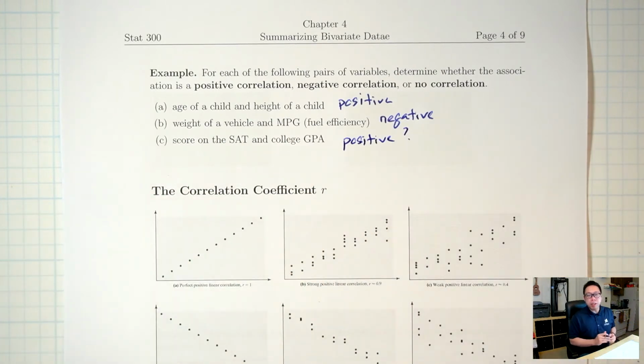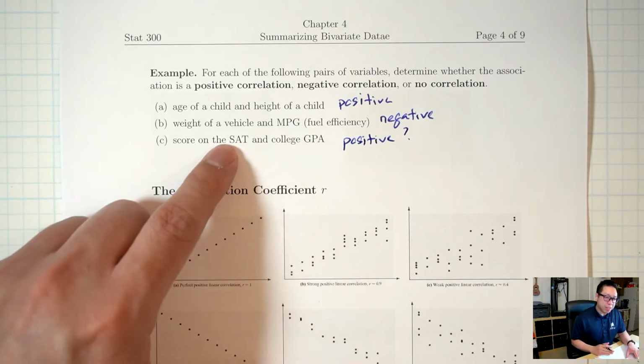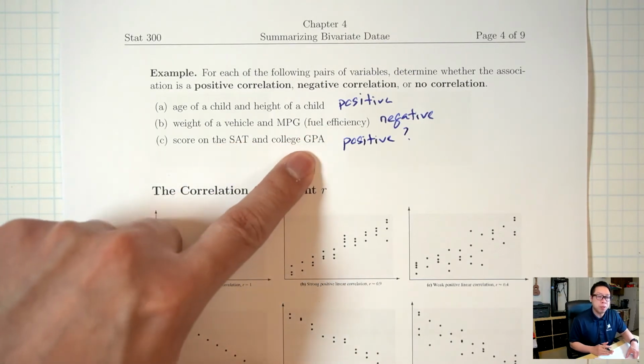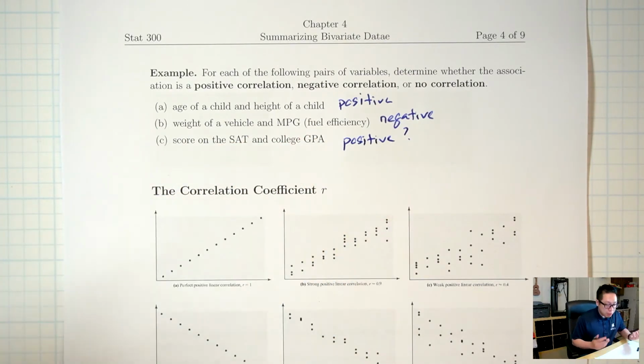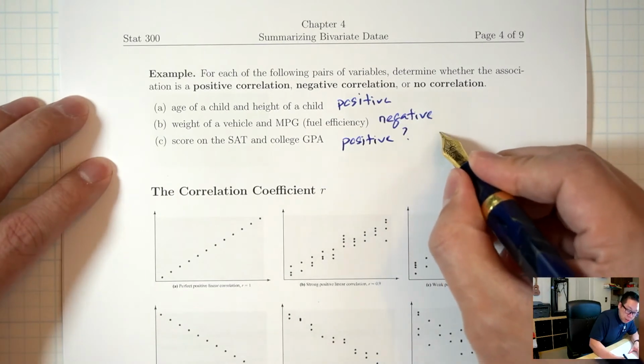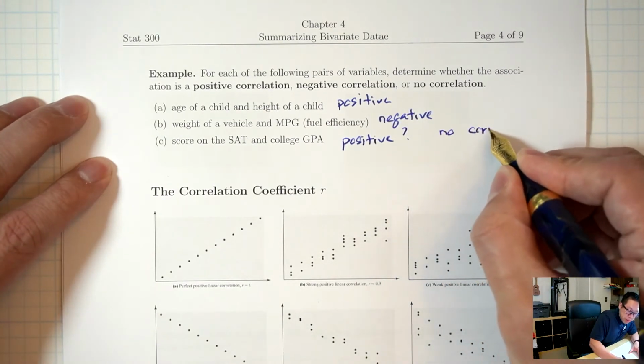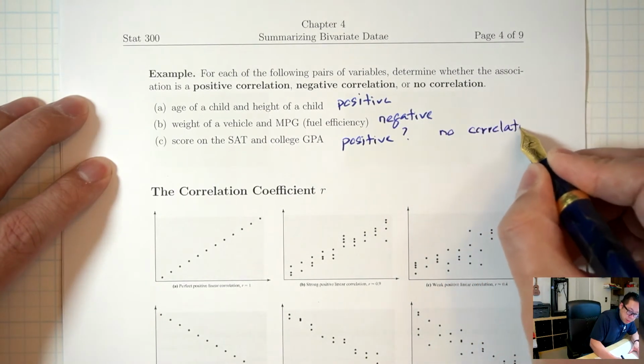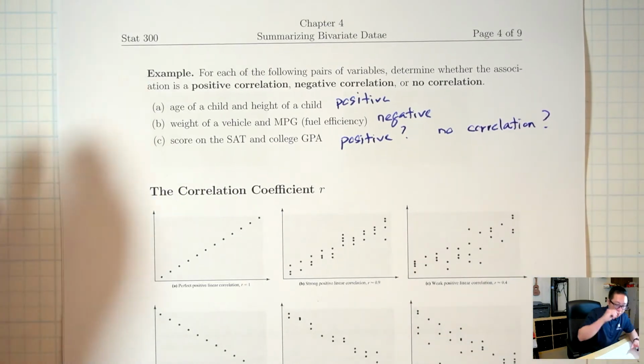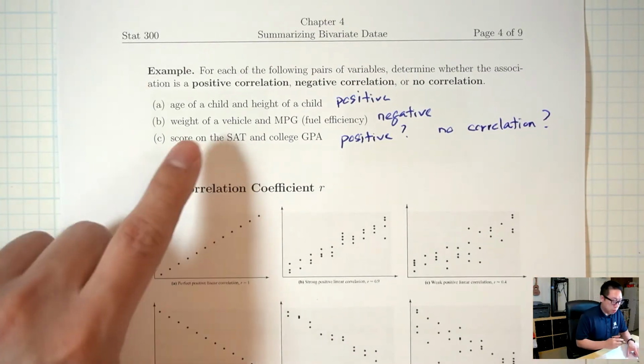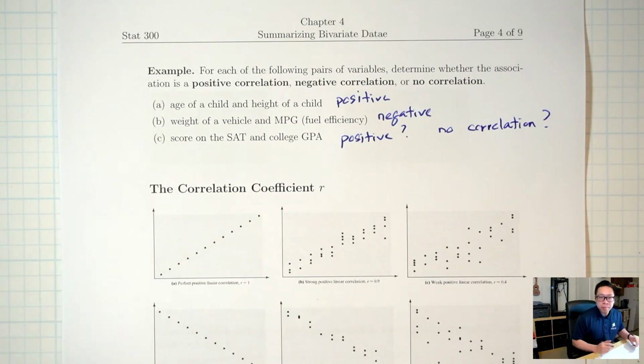I put a question mark there because these days colleges are actually finding that the SAT is not a good predictor of how well a student is going to do in college. So I would maybe even say now that this is no correlation. So much so that some colleges are no longer requiring the SAT.